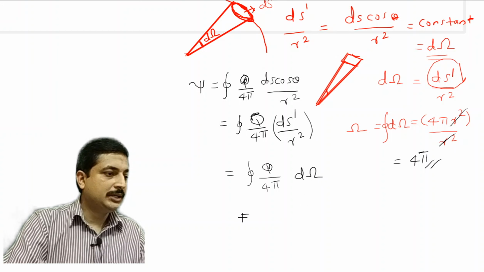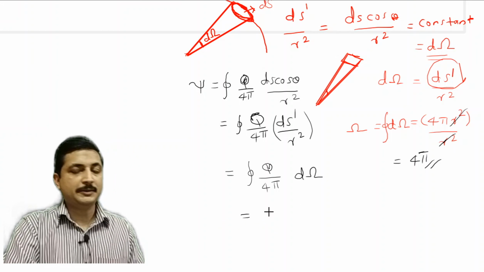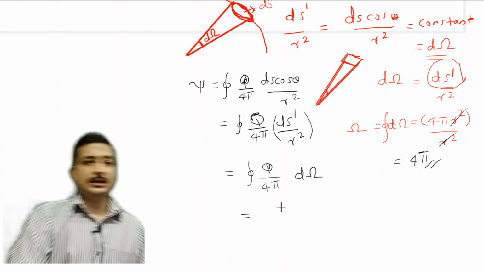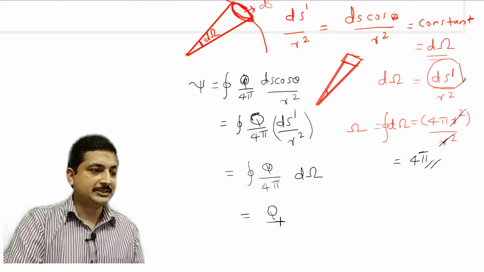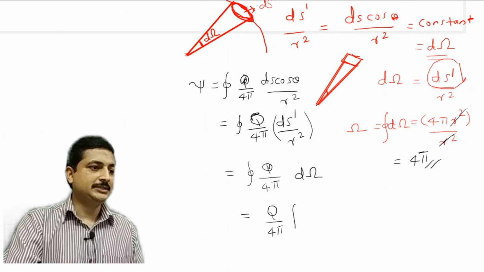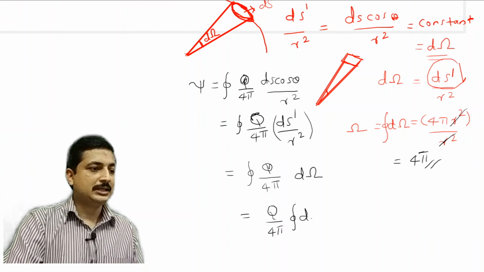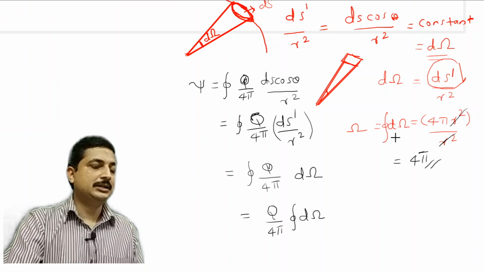Here, the charge inside is constant. The charge is not going to change during the course of this derivation, because Q is sitting quietly inside the surface. So this is closed integral d psi. And what is closed integral d omega? Closed integral d omega is nothing but omega.